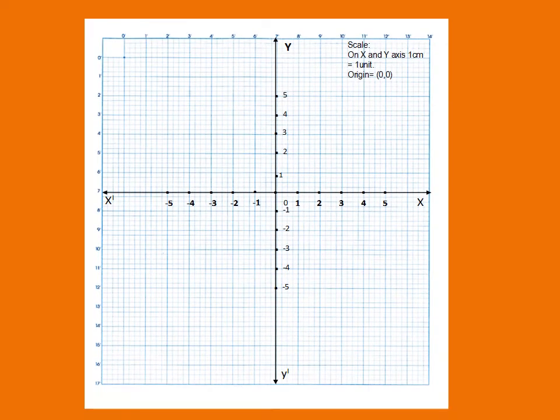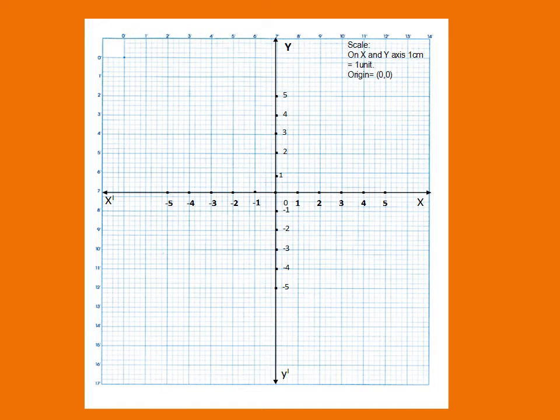Here is a graph page. As you see, x-axis and y-axis, the y-axis is perpendicular to the x-axis. If you see the scale on x and y-axis, 1 centimeter equals 1 unit, and the origin is also written.